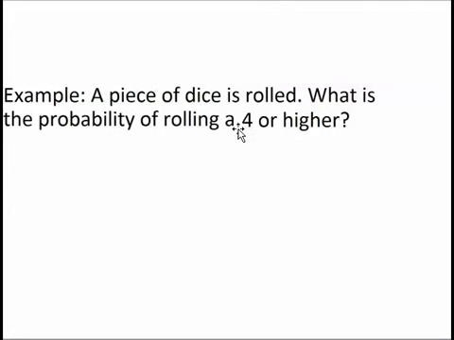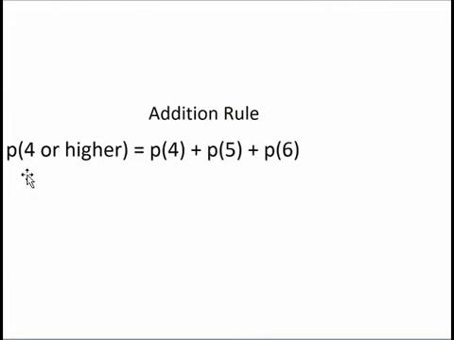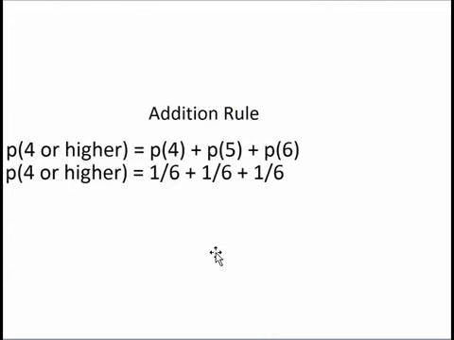So to get the answer, you just add the probabilities of the 3 events. Each event has a probability of 1/6, so we just have to add these 3 probabilities. And just like before, they add up to 3/6, which reduces to 1/2, and 1 divided by 2 is 0.5.